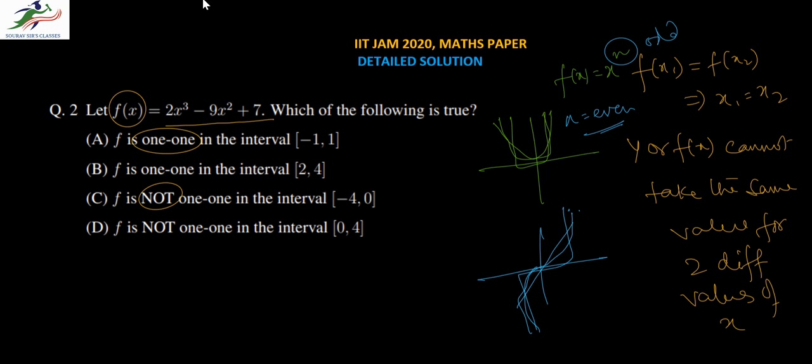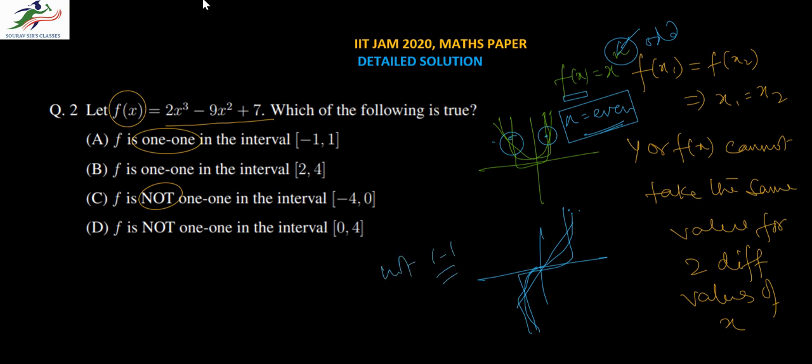So which means that for all even n, f(x) will have the same value for different values of x. So if n is even, then the function f(x) is not one-one.